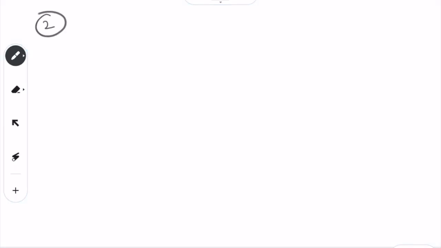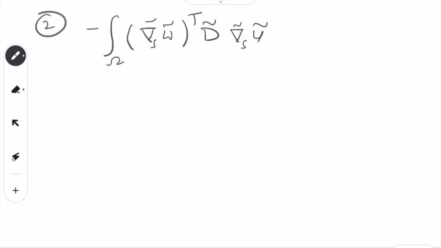Similarly, the second term is minus del S tilde W tilde transpose d tilde del S tilde u tilde d omega.